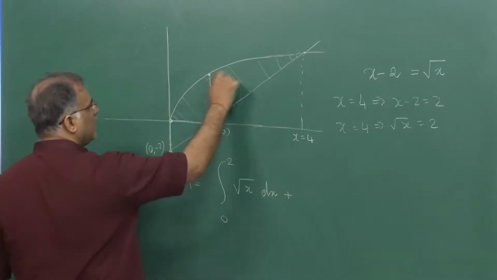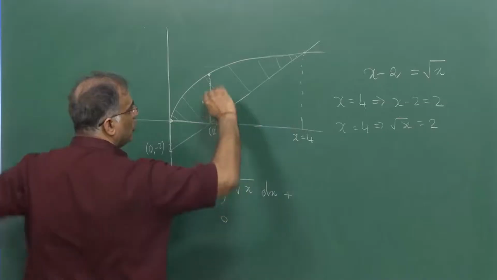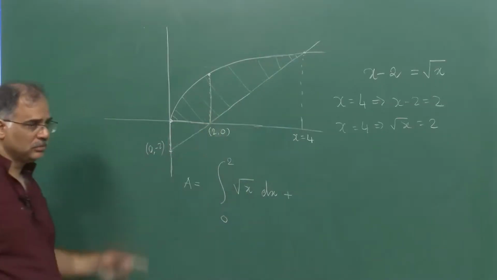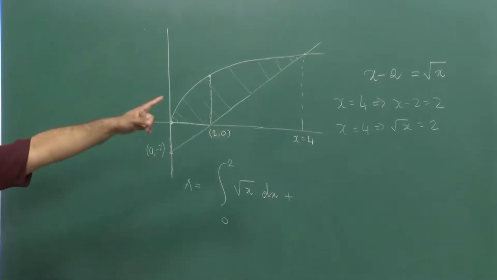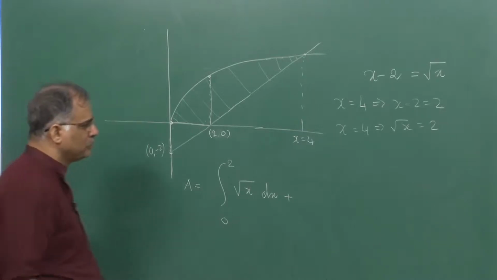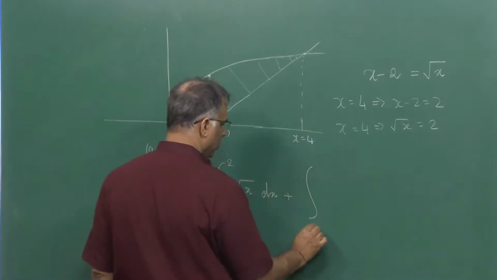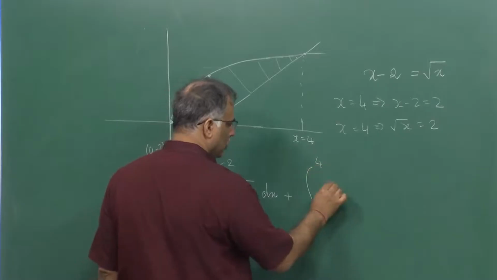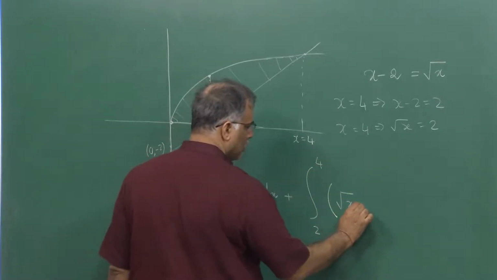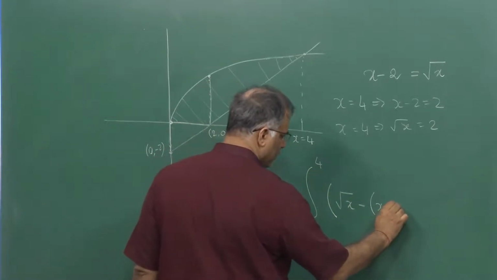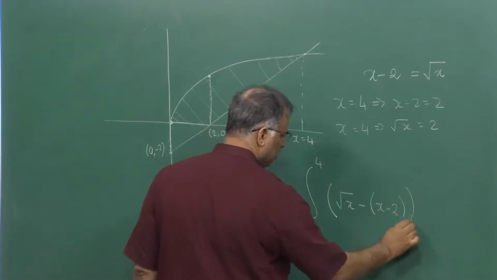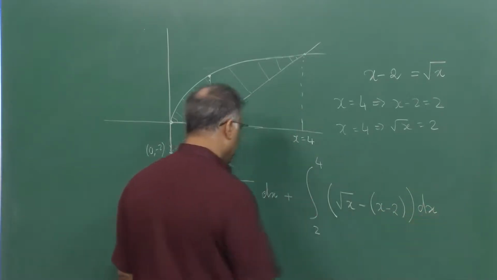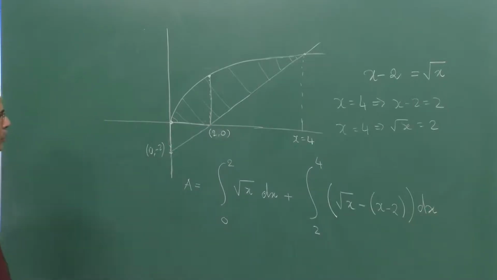And then add this area, but from 2 to 4, root x is bigger than x minus 2, y equal to x minus 2. So, between 2 to 4, you will do root x minus (x minus 2). That will be the way to compute it.